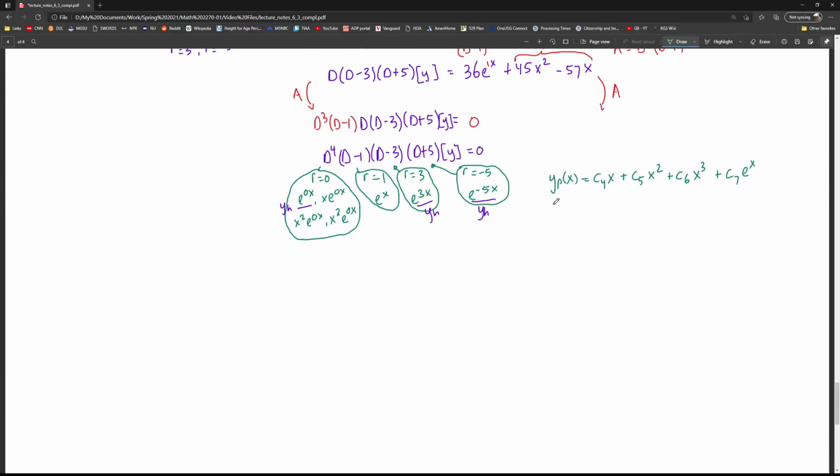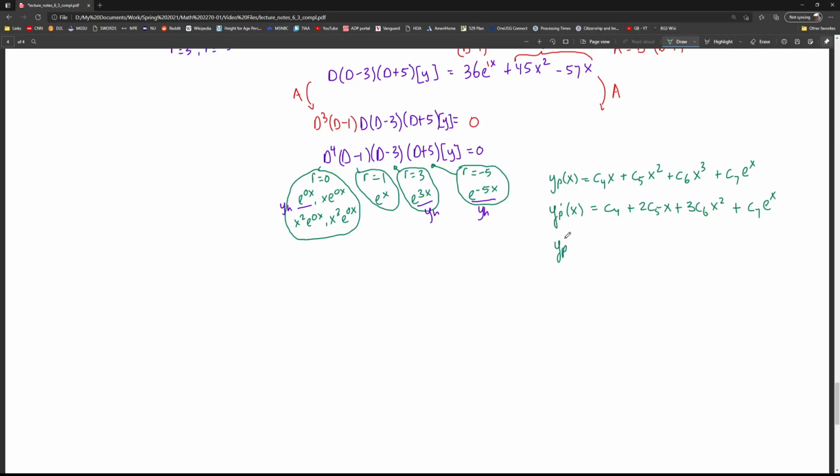So we'll need yp prime, and that is c4 plus 2c5x plus 3c6x squared, and then plus c7 e to the power x.